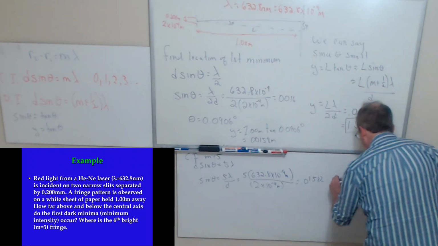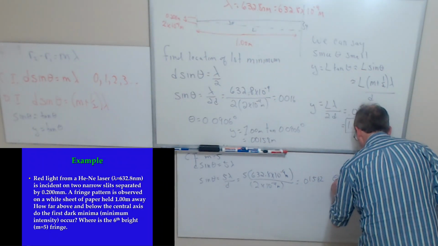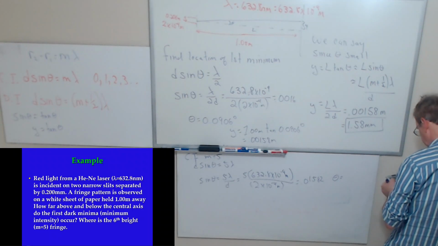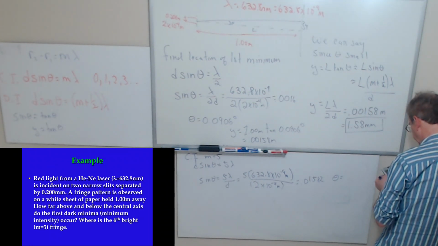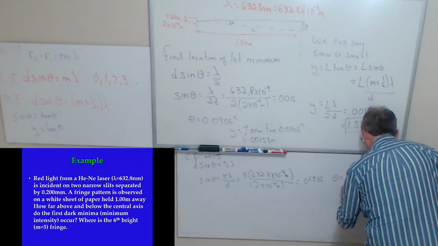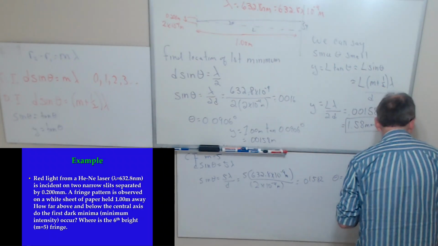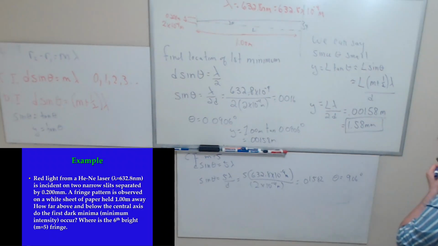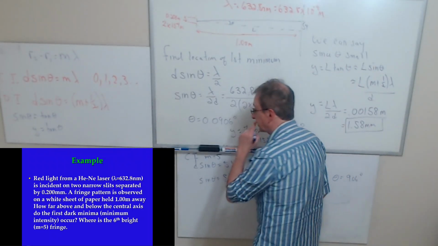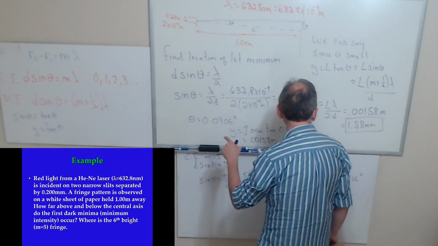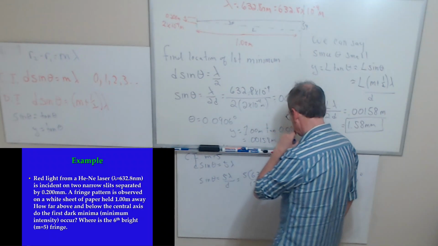And then that means theta is equal to 0.906 degrees. The angle is still less than 1 degree. Since the angle is still less than 1 degree, I can still use the approximation that sine of theta equals theta.